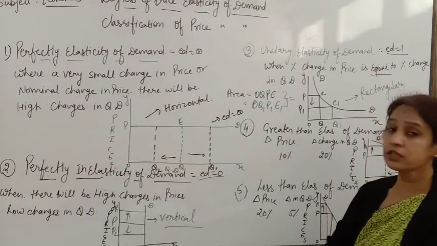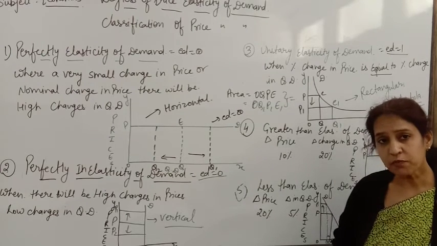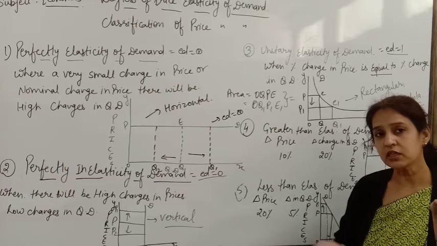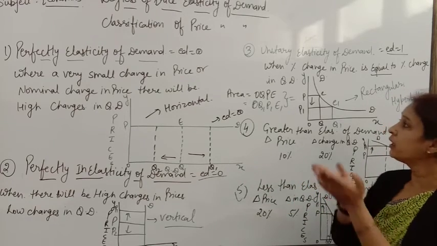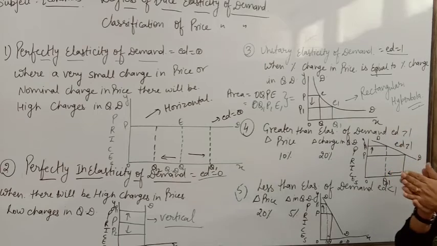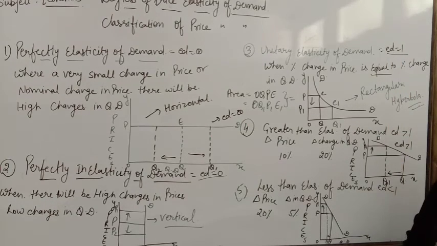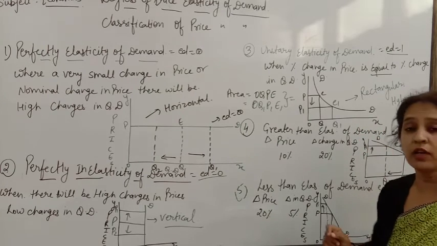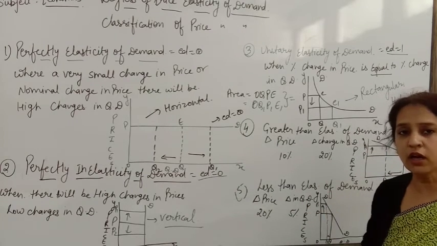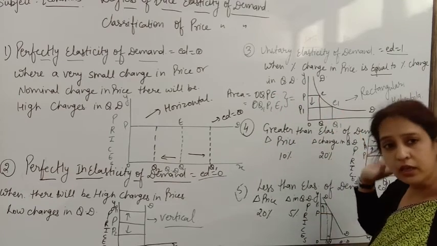Next, unitary elasticity of demand. The percentage change in price and the percentage change in quantity demanded will be the same, will be equal. That kind of elasticity is known as unitary elasticity of demand, and in that condition ED equal to 1. In this situation, the demand curve will be in which shape? Rectangular hyperbola, in which all the areas will be equal.